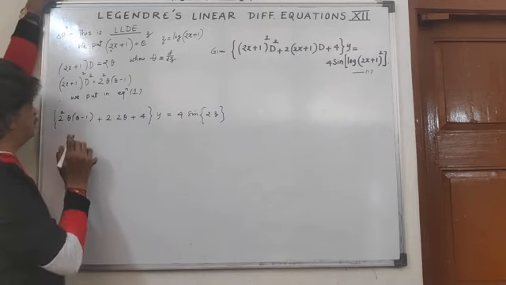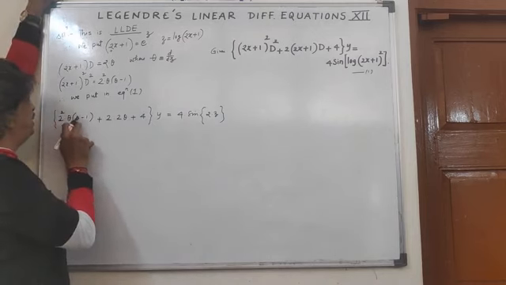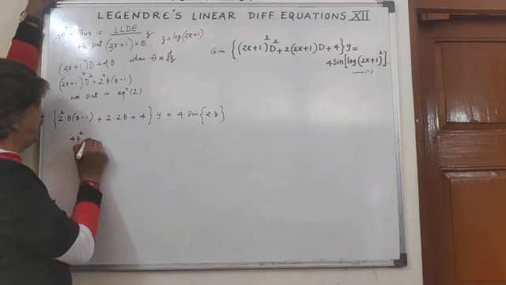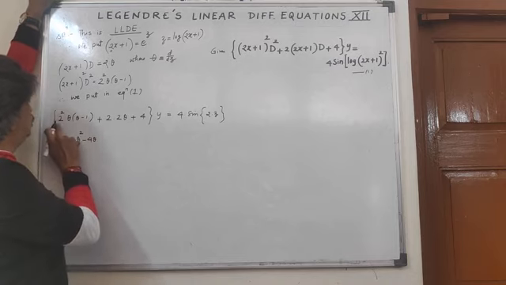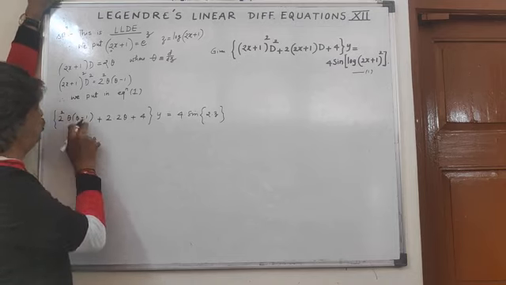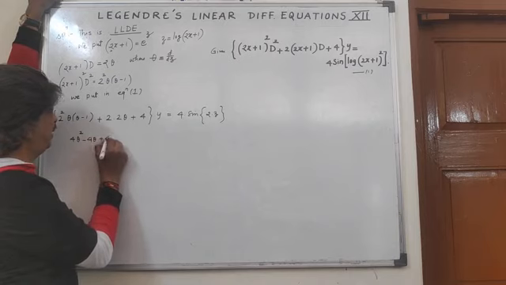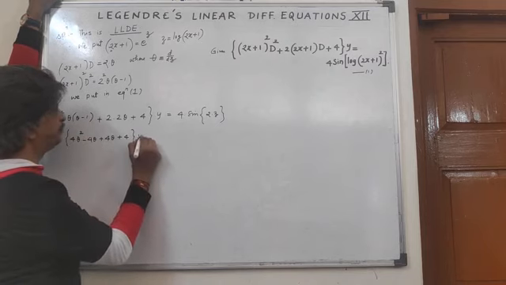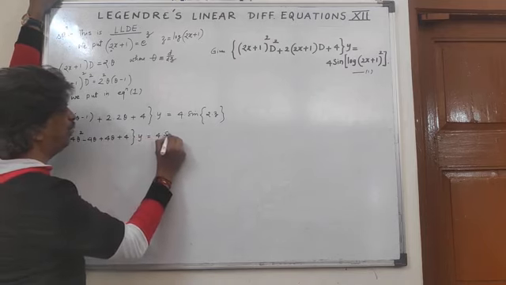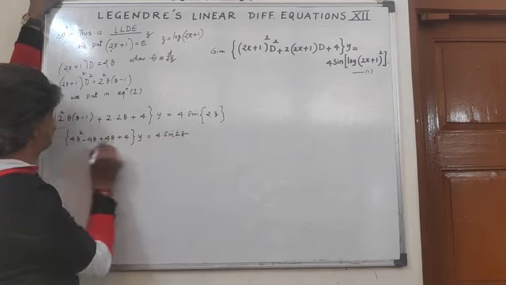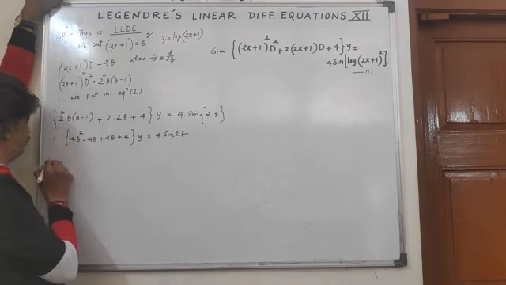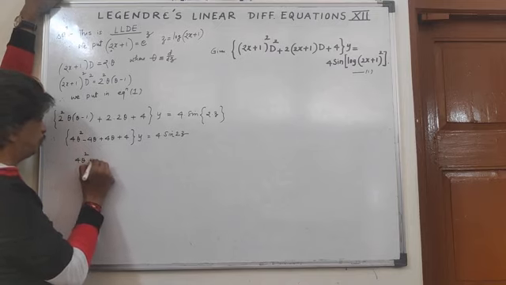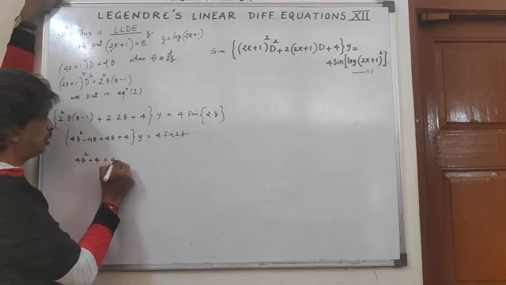So let us see what it becomes. 2 square times theta minus 1, that is 4 theta square minus 4 theta, plus 4 theta, plus 4, operating on y is equal to 4 sine of 2z. Therefore, 4 theta square plus 4 is equal to 4 sine of 2z.